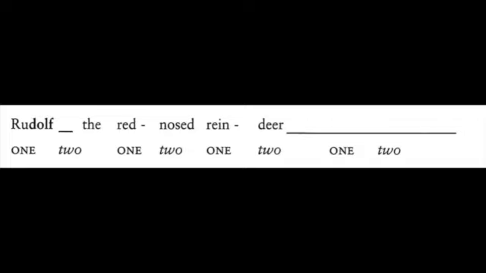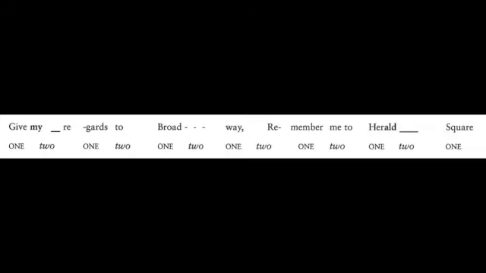If you know the George M. Cohan classic, Give My Regards to Broadway, you know that it starts with the same syncopation as Rudolph. However, it also has another syncopation in the second line. 1 2 1 2 1. Give my regards to Broadway.